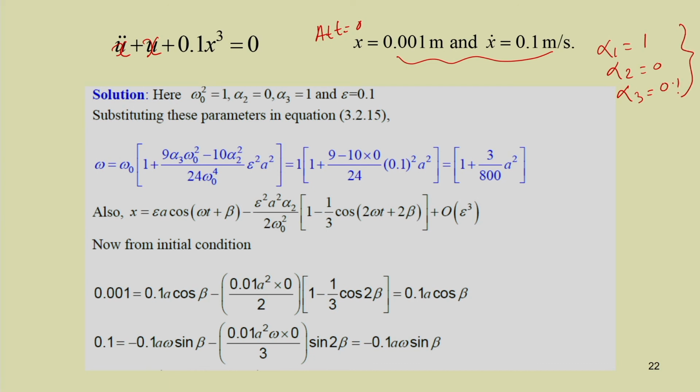If you compare this with the original equation, x double dot plus summation n equal to 1 to capital N alpha n x to the power n equal to 0.